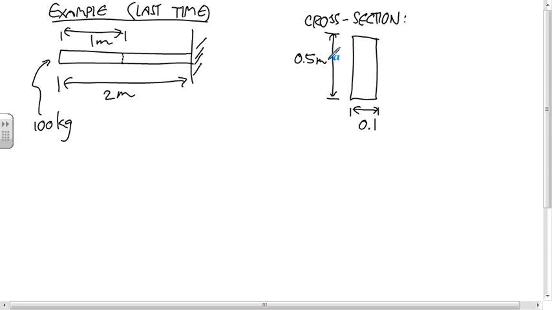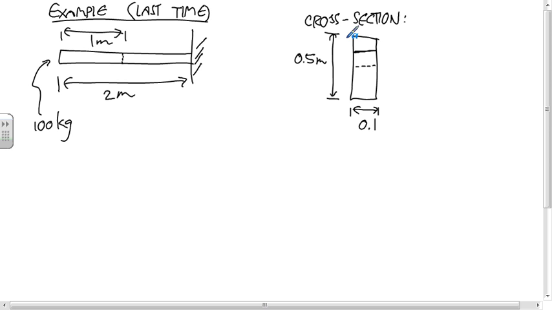And when we're doing these rectangular shear force, stress due to shear force calculations, we always want that rectangular shape to be taller than it is wide. And we're looking at a line half of the way from the neutral axis to the top.